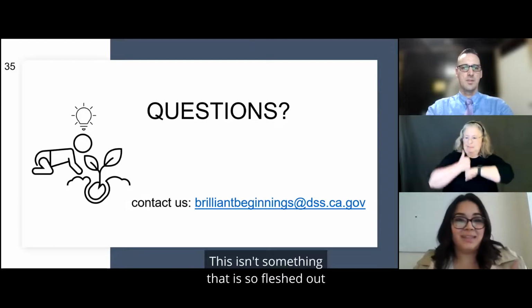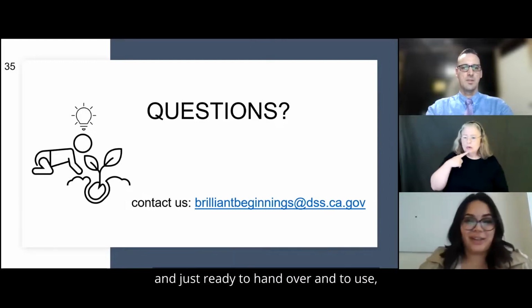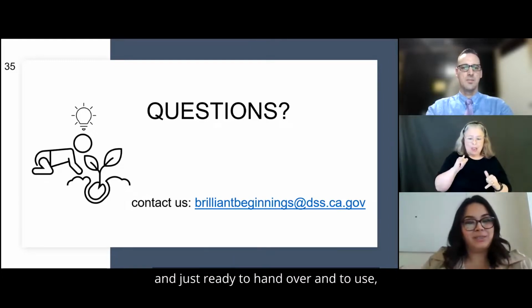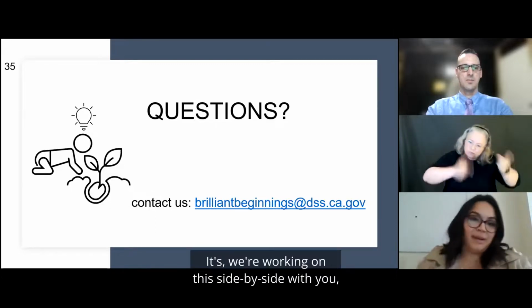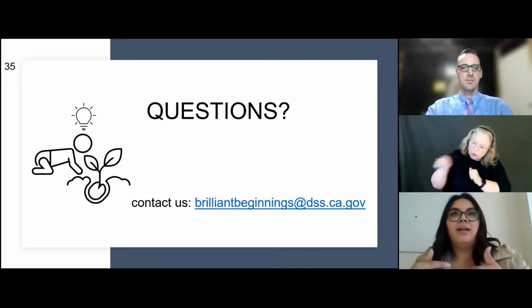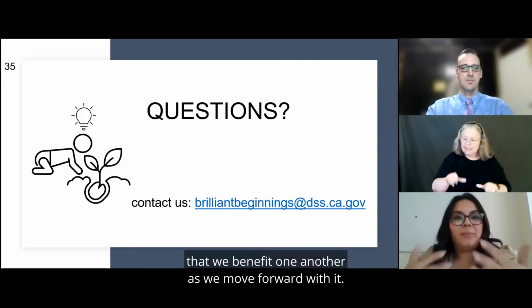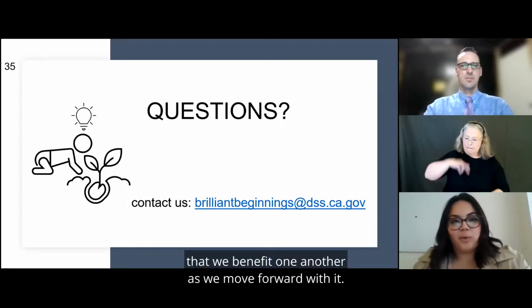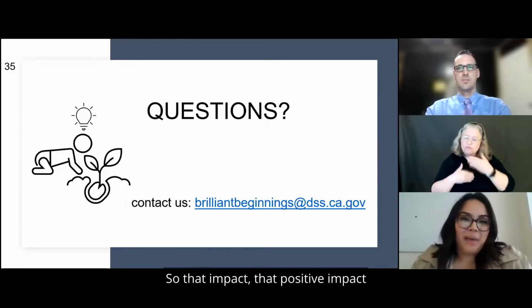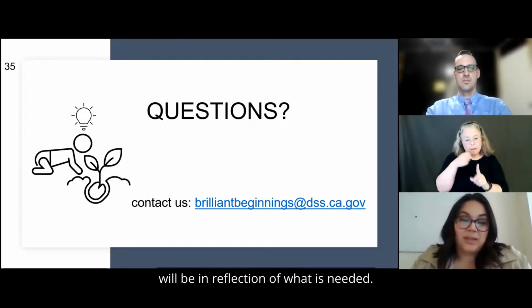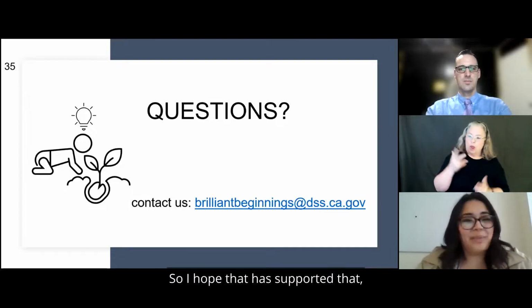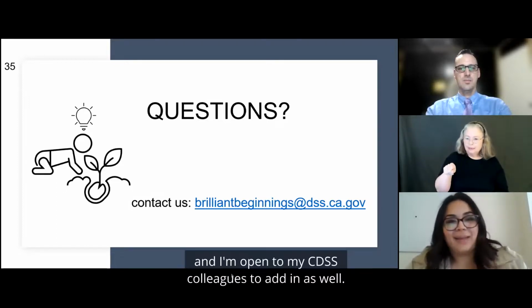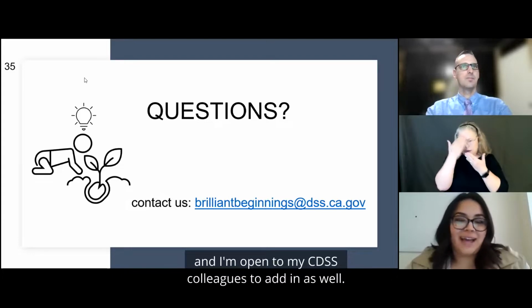This isn't something so fleshed out and ready to hand over and use, but a collaborative build. We're working on this side by side with you, so that we inform one another and benefit one another as we move forward. So that positive impact will be in reflection of what is needed. I hope that has supported that, and I'm open to my CDSS colleagues adding in as well.